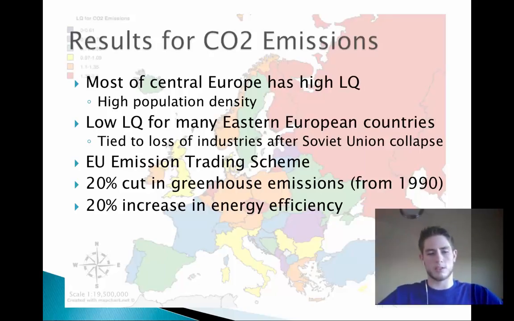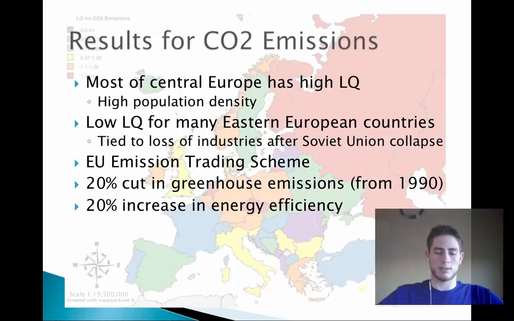So again, like I mentioned earlier, there's three parts to this EU initiative. The first one was 20% renewable energy use. The second is a 20% cut in greenhouse emissions from the 1990 statistics. And the third is a 20% increase in energy efficiency.